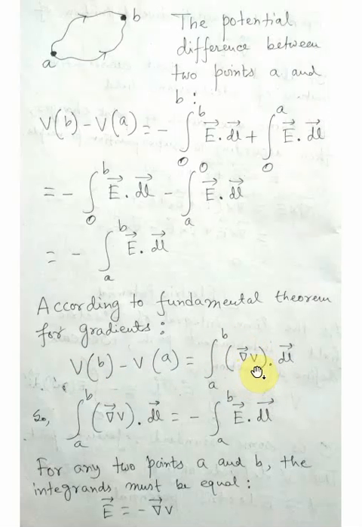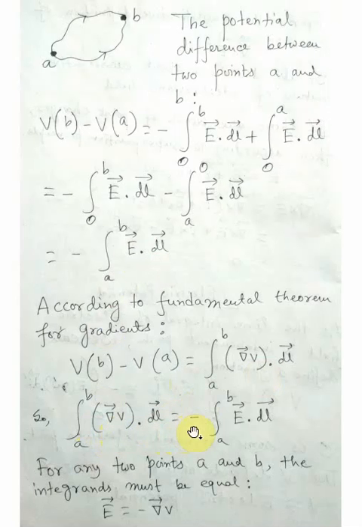When you operate this on V, it will be i cap del V/del x plus j cap del V/del y plus k cap del V/del z, and V is a scalar function. V can be a combination of x, y and z, because it depends on the space point. This is the theorem of gradient.